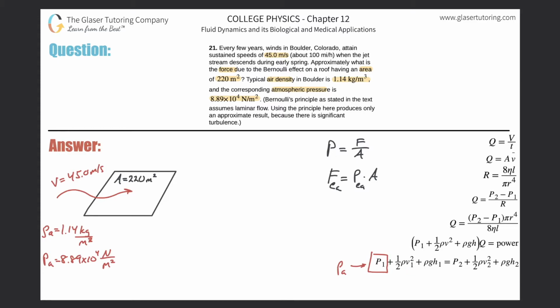We do know these two: we have the density of air, and we know the velocity of that air. So therefore, we could find the pressure applied by the air.